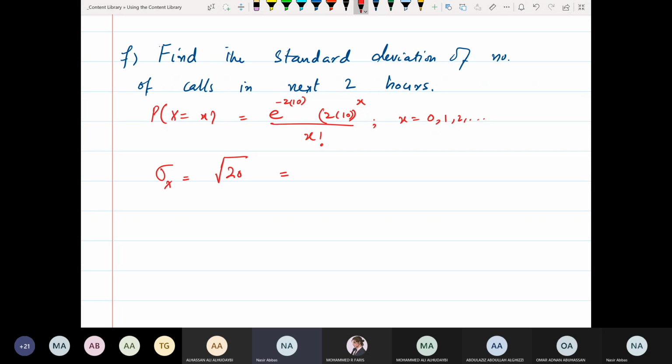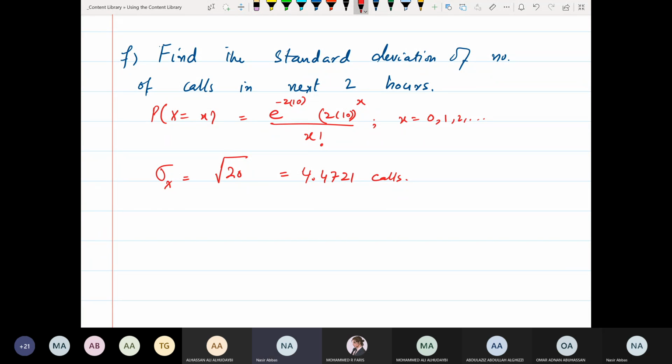That will be square root of 20, 4.4721. Calls or call square? What will be the unit of this sigma?